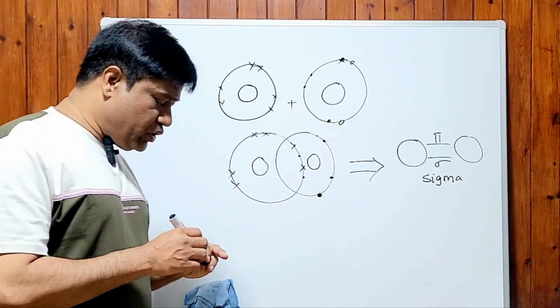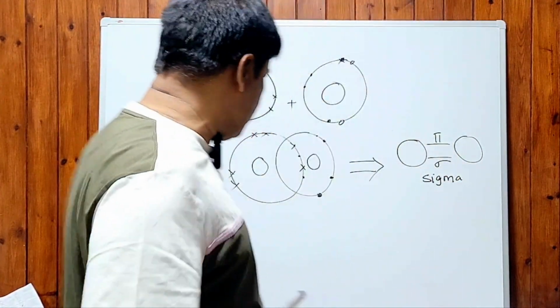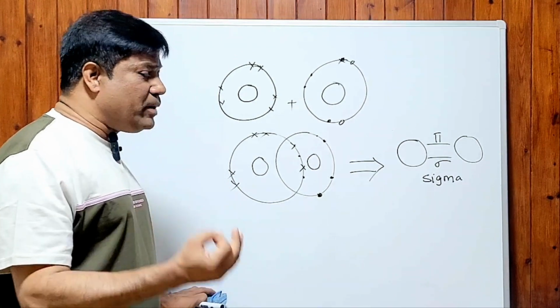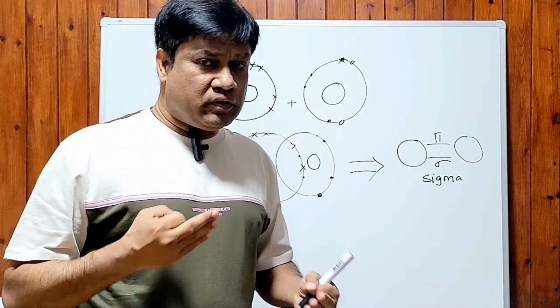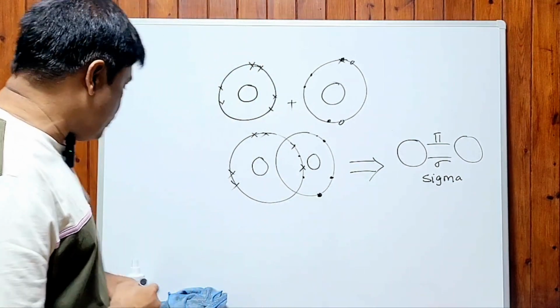Now, can you give me an example of a molecule having a triple covalent bond? Any idea? Think over it. Which element needs 3 electrons to share? Good. Nitrogen molecule. Very good.